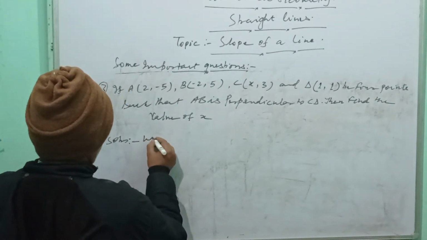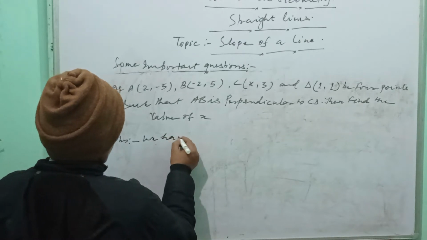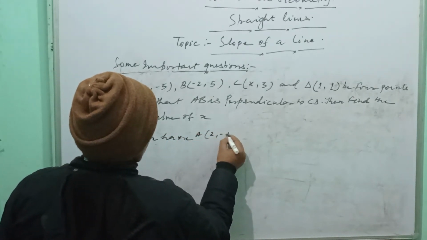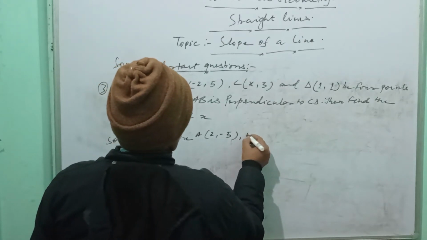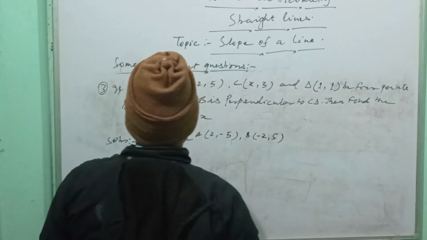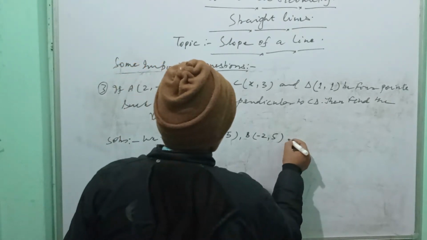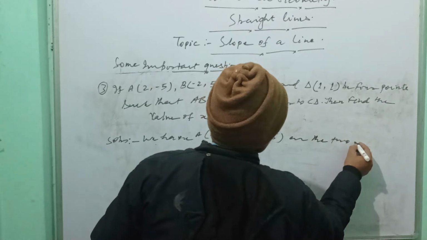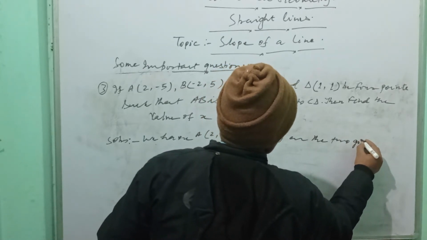We have A (2, minus 5) and B (minus 2, 5) are the two given points.